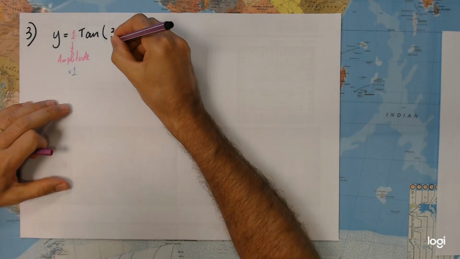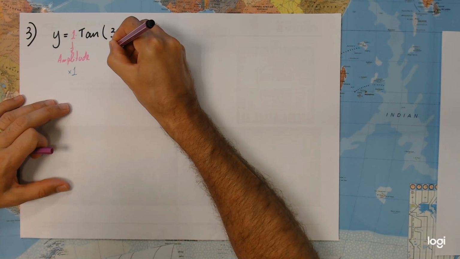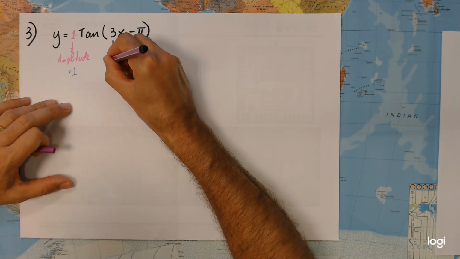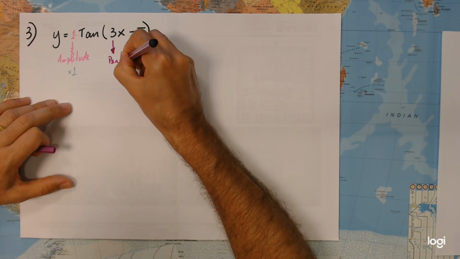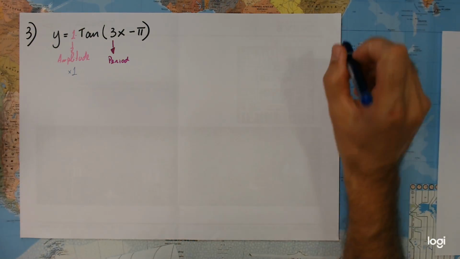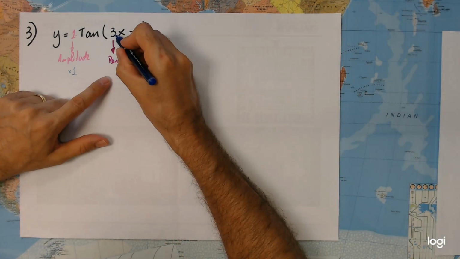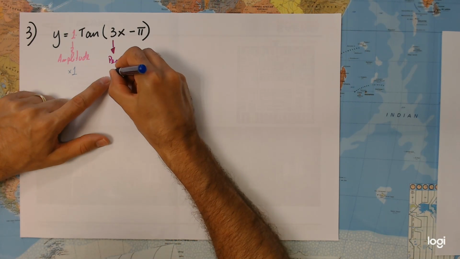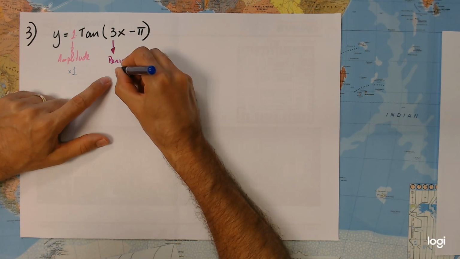Well, the 3 is going to have to do with our period. And remember, the rules are all the same. If we multiply this x by 3, the period must be divided by 3.